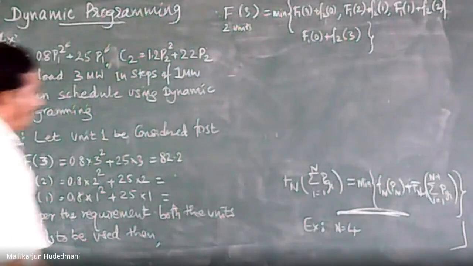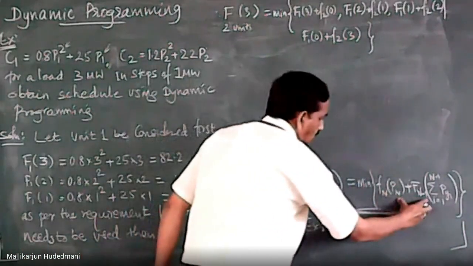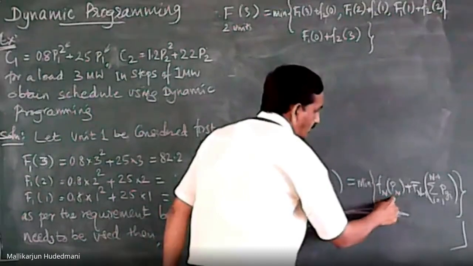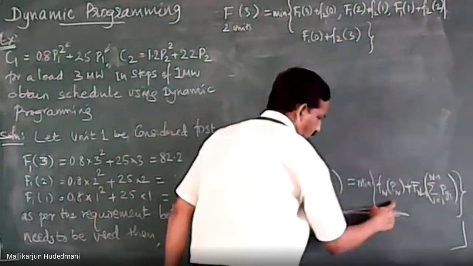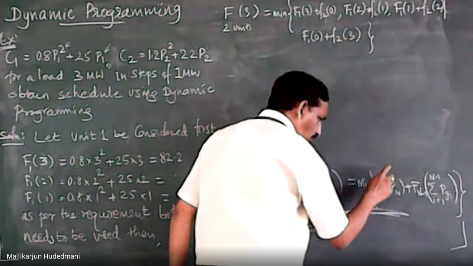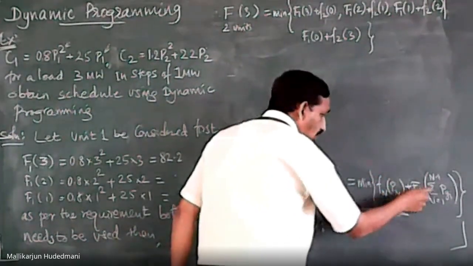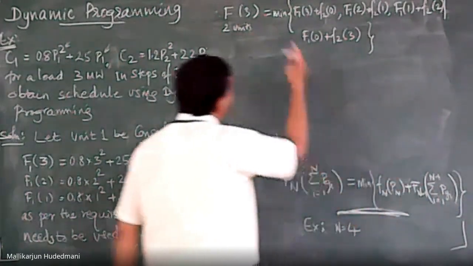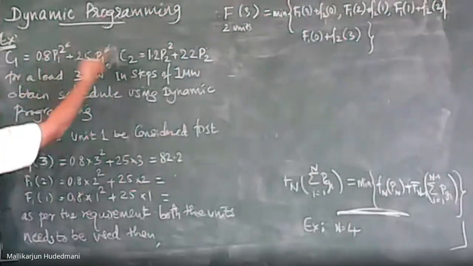What did I do now? When I took decision number 1, only one machine has to deal, which means this won't be there in the picture, only this one. When I have two machines to be dealt, this is your optimal machine with which one of the remaining has to come. But I have only two machines, machine 1 and machine 2.